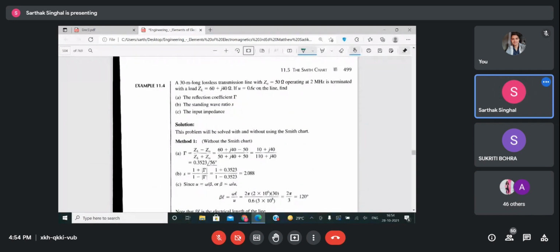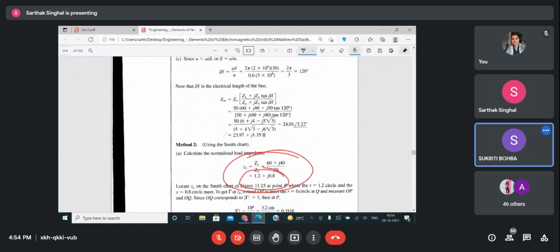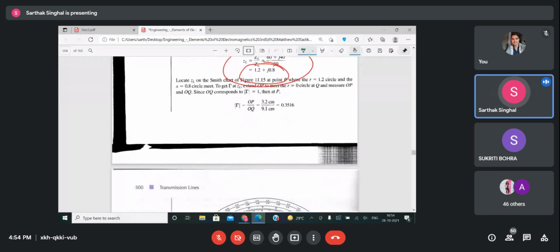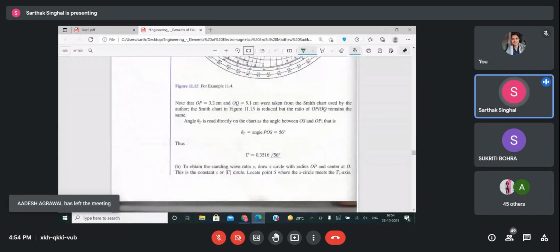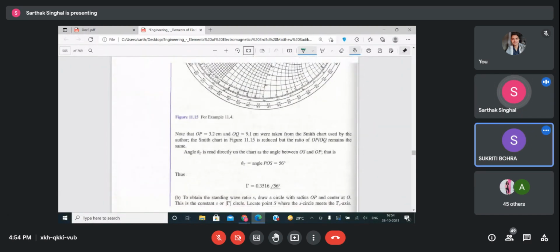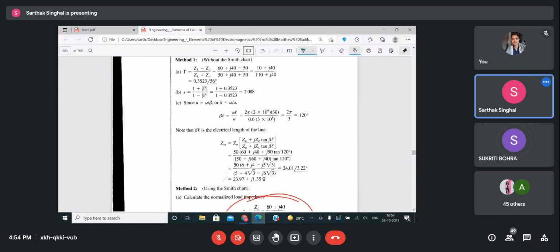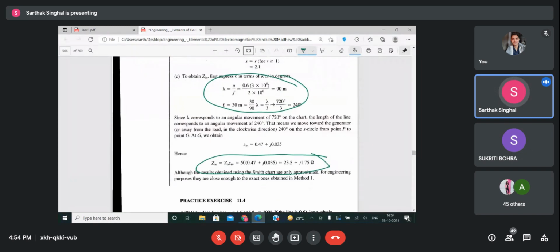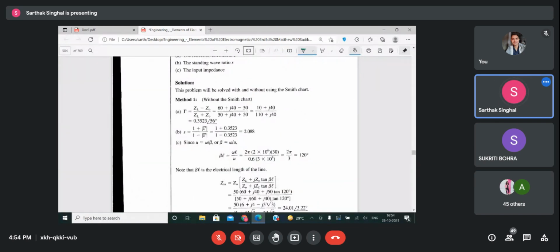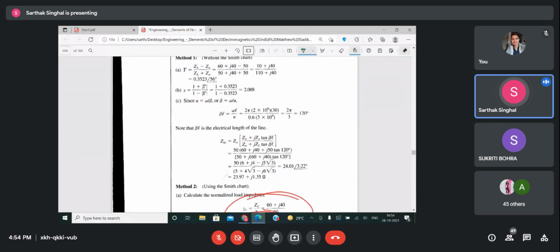The reflection coefficient was 0.3523 angle 56 degrees, and from the graph we got 0.3516 angle 56 degrees. The VSWR was 2.088, and from the graph we got 2.1.